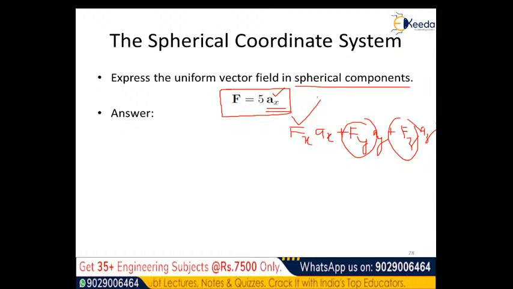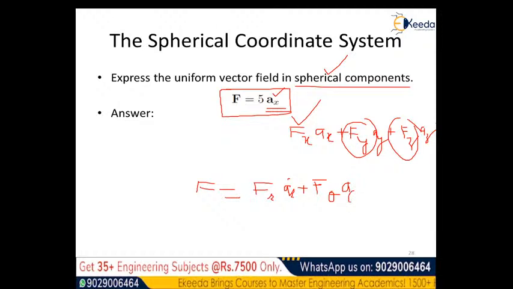Now as we are required to express it in the spherical coordinate system, we express capital F as capital F suffix r into a r vector, then F suffix theta into a theta, the unit vector, added to F suffix phi multiplied by the a phi component.